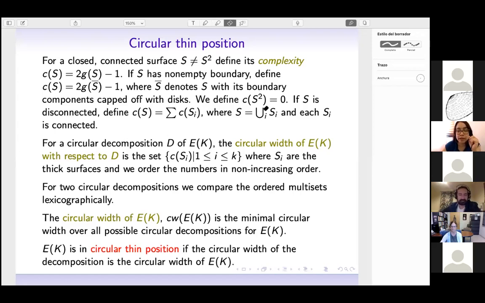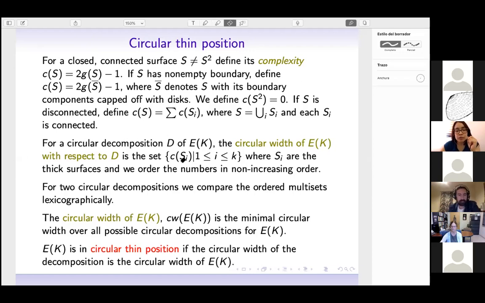And when we have the sphere S2, we define its complexity as 0. And when we have a disconnected surface, we define its complexity as the sum of the complexities of the components.